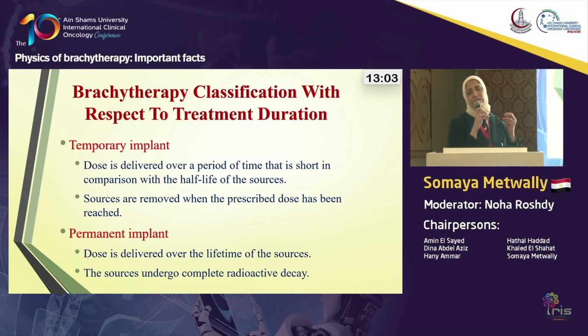This means we insert the sources inside the patient until we finish the dose per fraction, and then we remove the source to the machine. Sources are removed when the prescribed dose has been reached. And this is the kind of brachytherapy used nowadays.